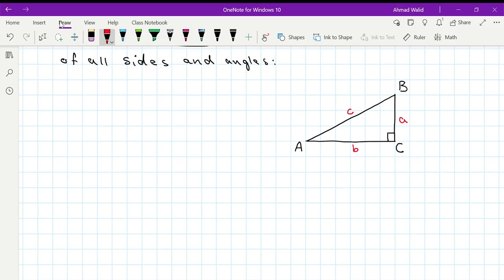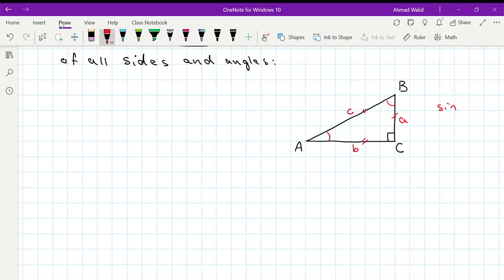Now, you already know how to find the sine of an angle, for example, the sine of angle A. You already know how to find all 6 trig functions for angle A and for angle B. And also, based on those relations, you can find the length of a, the length of c, and the length of b if you like.